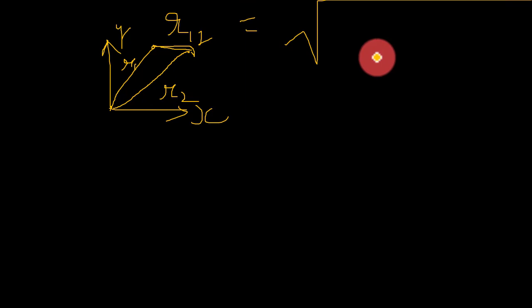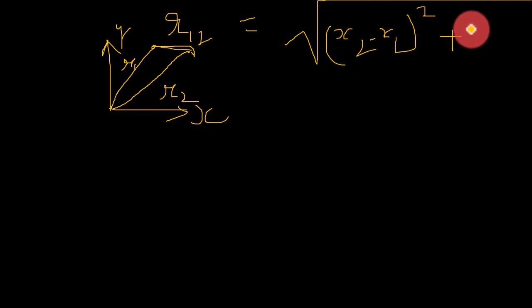How will you define this vector? It will be equal to the square root of x2 minus x1 square plus y2 minus y1 square. And if it were in three-dimensional space, you would consider z2 minus z1 square also.